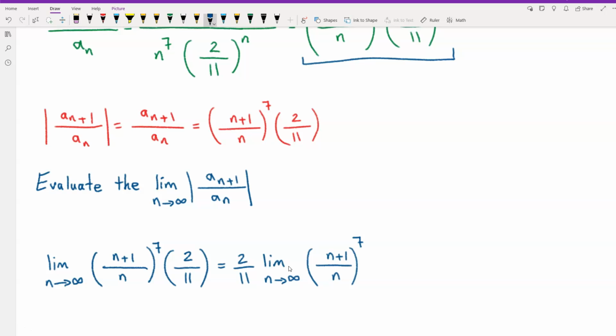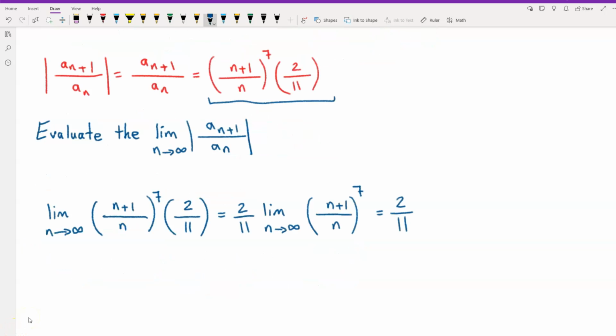For the absolute value of a_(n+1) over a_n, we have this part. So the limit of ((n+1)/n)^7 times 2/11 as n approaches infinity, that is equal to, moving this to the left side, 2/11 times the limit of ((n+1)/n)^7 as n approaches infinity.